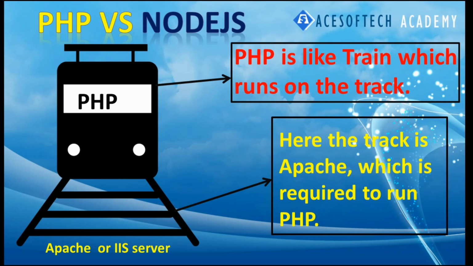Here the track is Apache, which is required to run PHP. So either Apache or IIS server can be used to run PHP. In case of Linux or Windows as well, you can use Apache, but in case of Windows Server, if you want to use, you will have to use IIS server, which comes inbuilt with the Windows operating system.